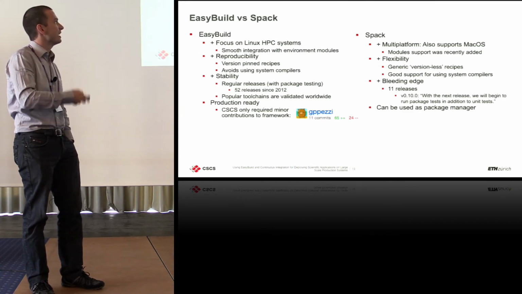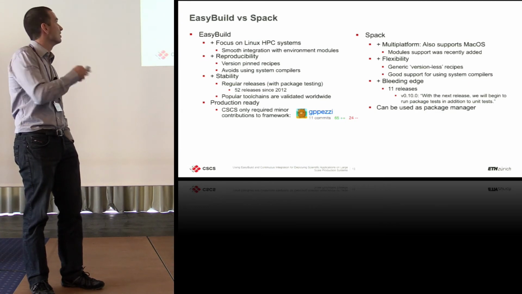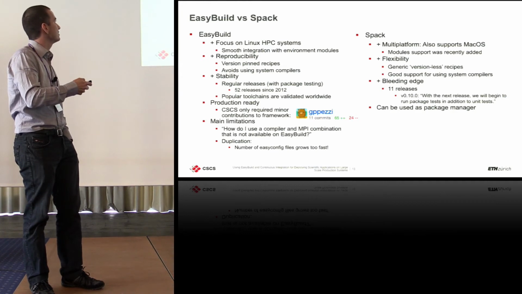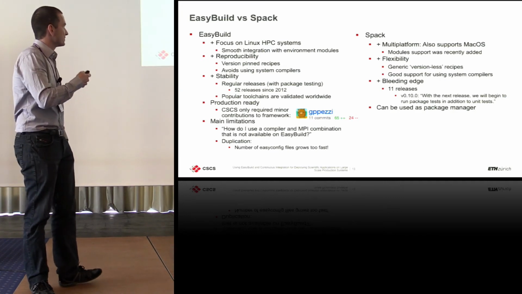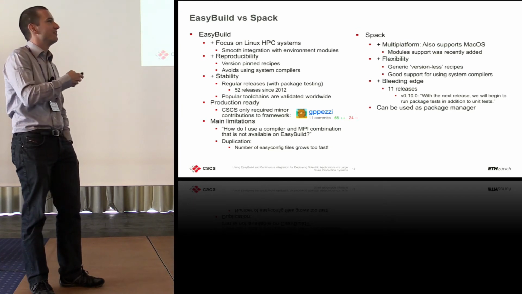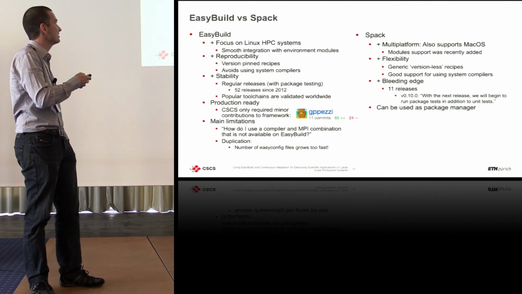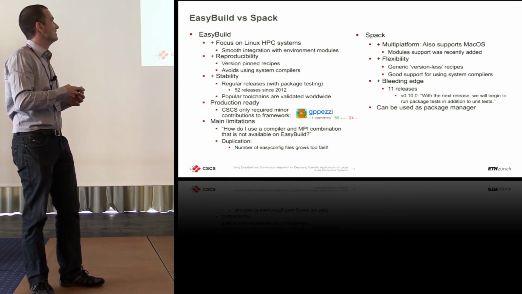Another advantage of Spack is that it can be used as a spec manager, while EasyBuild only creates modules and then you need to manually delete files. Main limitations of EasyBuild: this is a FAQ, how do I use a compiler and MPI combination that is not available already in EasyBuild?